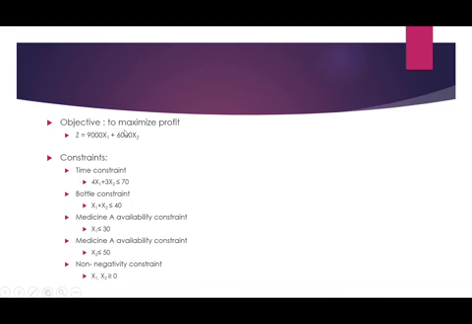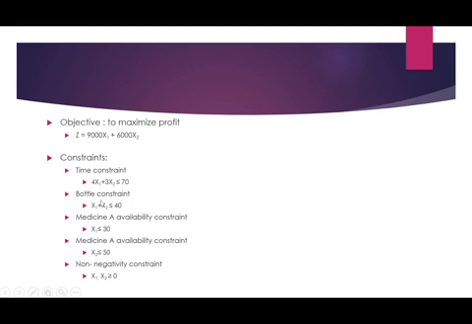The objective is obviously to maximize the profit. So the objective function would become z is equal to 9,000 x1 plus 6,000 x2. Constraint will be the first time constraint is very much similar to whatever we have done till now. 4x1 plus 3x2 less than equal to 70.